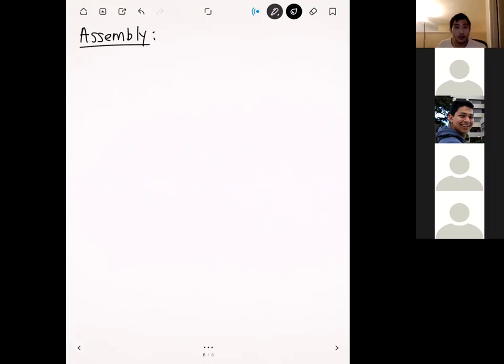In assembly, we're going to put all these together into one matrix. Our matrix here is going to be 6 by 6 because we have 3 nodes, and at each of the 3 nodes we have one displacement and one rotation.